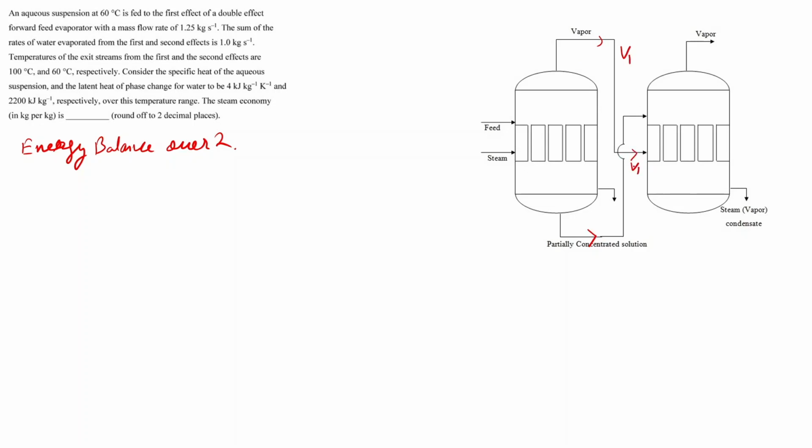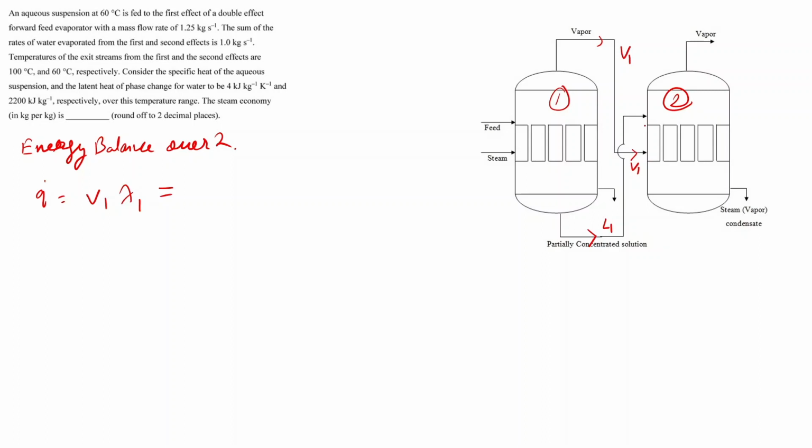So we can write Q is equal to V1 into lambda 1 is equal to, now the feed rate will be at the outlet of the first evaporator, and that will be L1.